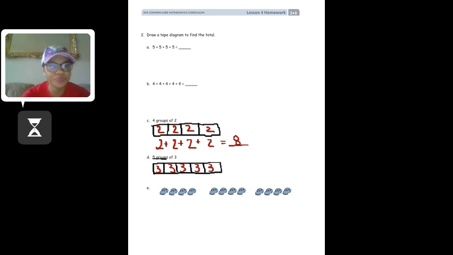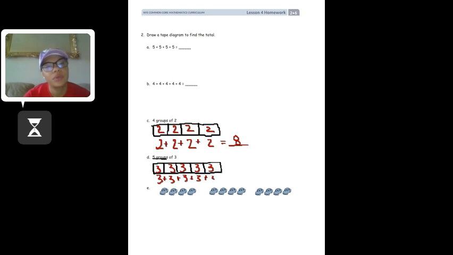So we're going to do our repeated addition equation. So we're going to do 3 plus 3 plus, that's another 3 in my third group, plus 3 in my fourth group, plus 3 in my fifth group.